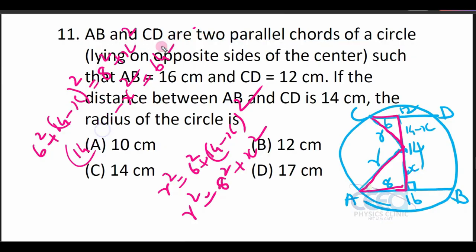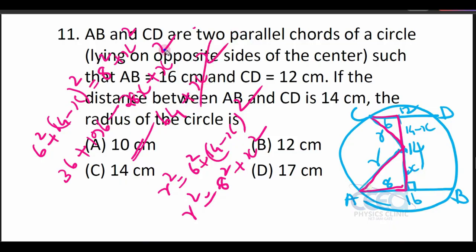See here, 36 is there plus 14 square, 196, minus 2 into 14 into x, that is 28x, plus x square, equal to 8 square, that is 64, plus x square. Now this x square, this x square you can cancel, am I right?